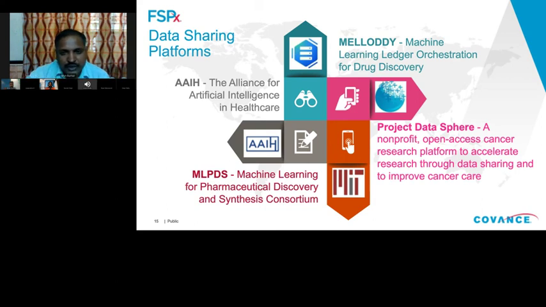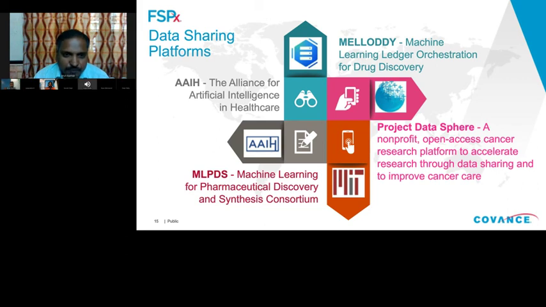Next we have Project DataSphere. Again, this is a common data sharing platform, and it is an open access platform which is predominantly looking to accelerate new cancer therapies. So this is especially for oncology work. This collaboration is with pharma industries, academia, government and regulatory organizations.